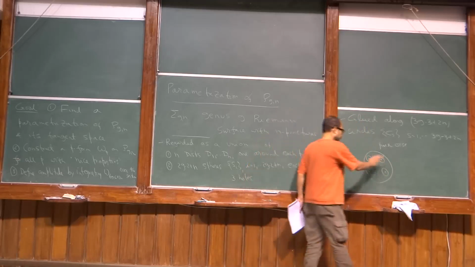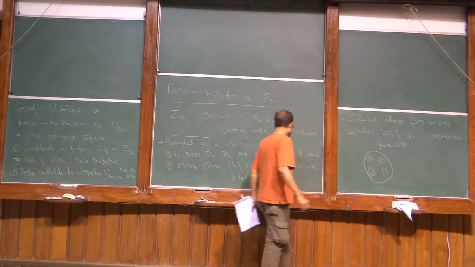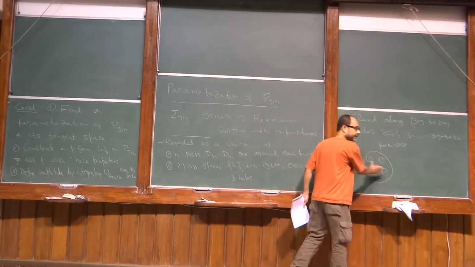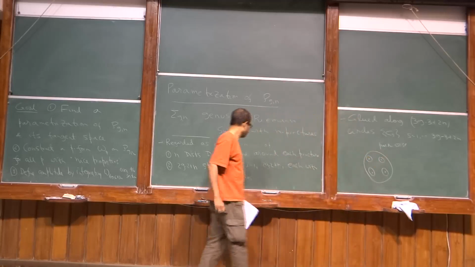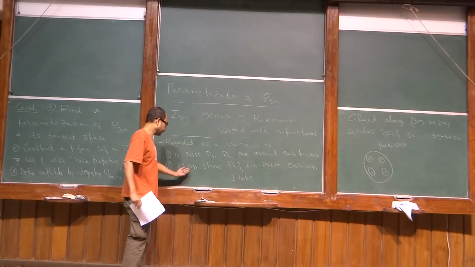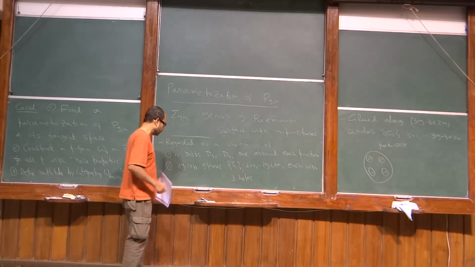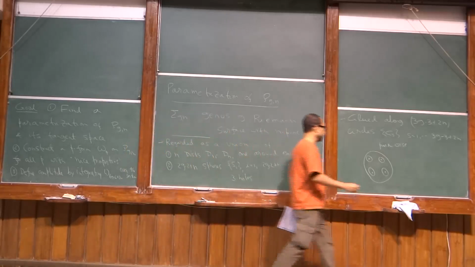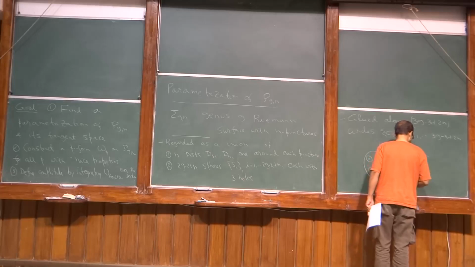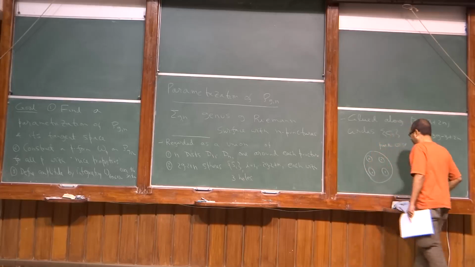Then the rest of the region, which is the sphere minus the 4 disks, we want to think of as a collection of 2g minus 2 plus n spheres. Here g is 0, so minus 2 plus 4, that is 2 spheres.